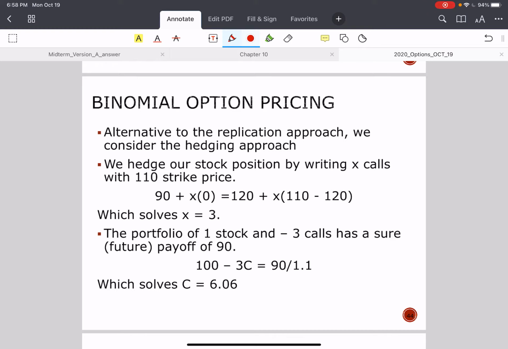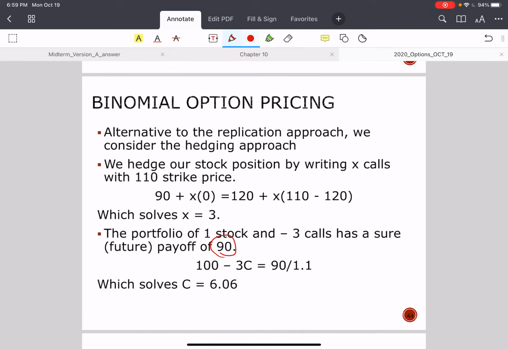So what we will do is hold a long position in the stock, and then write 3 calls. If you do this, 1 stock and 3 calls, then your portfolio's value will always be 90, right? So it's a fixed, riskless future cash flow, $90.